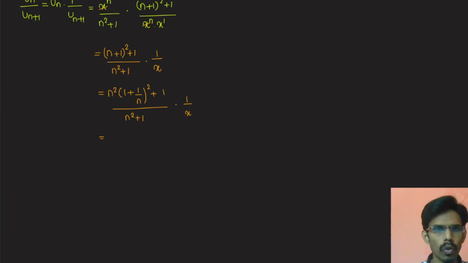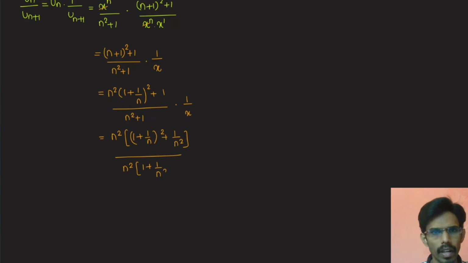Now take n square common from the numerator, this will become n square into 1 plus 1 by n plus 1 by n square, upon, taking n square common from the denominator, 1 plus 1 by n square, into 1 by x.